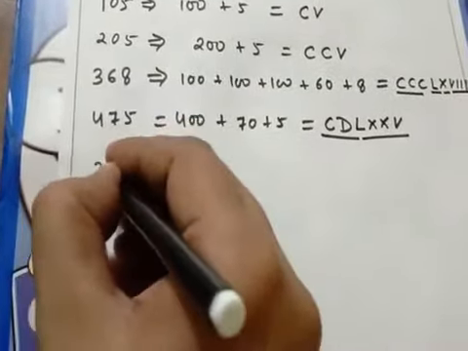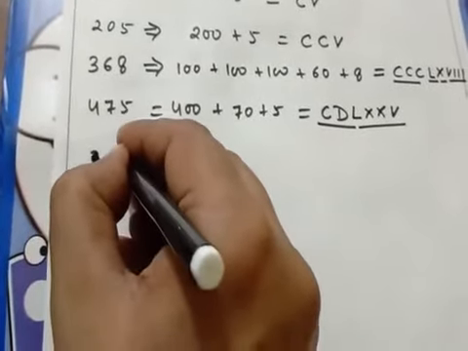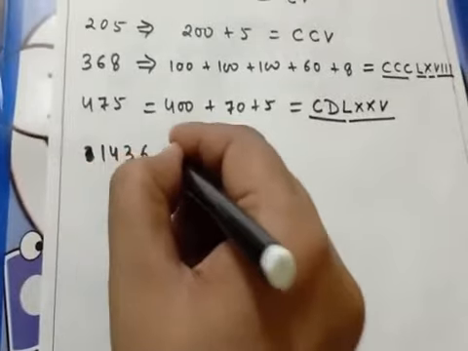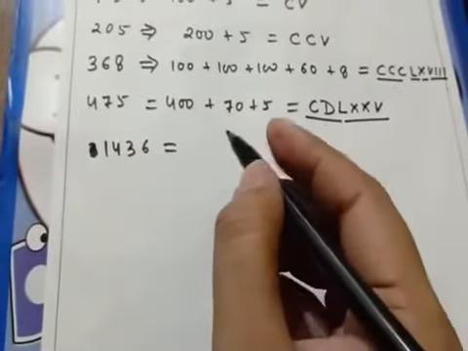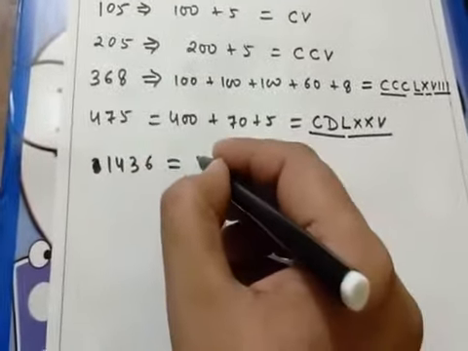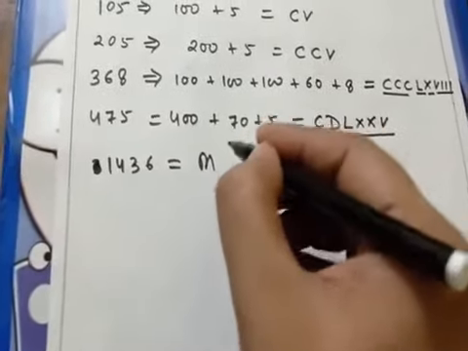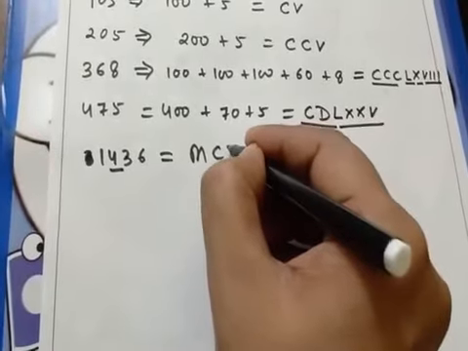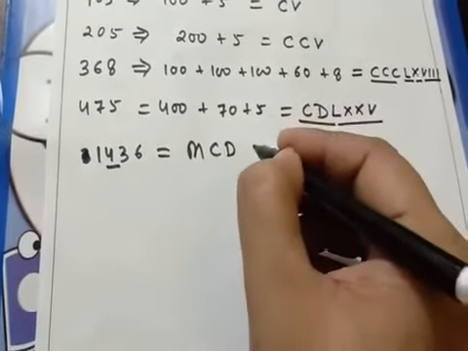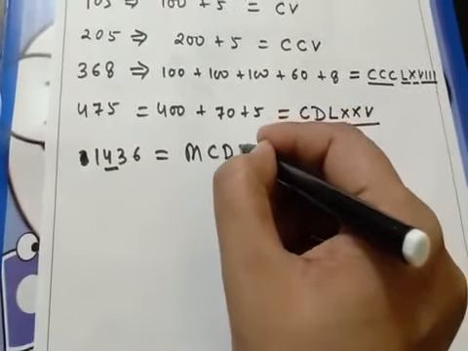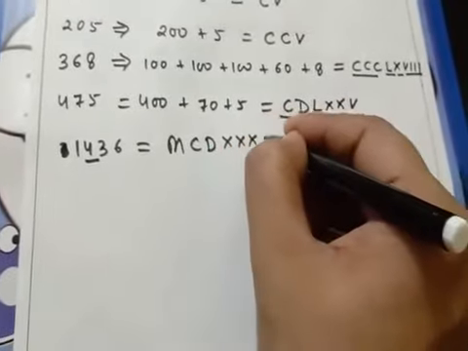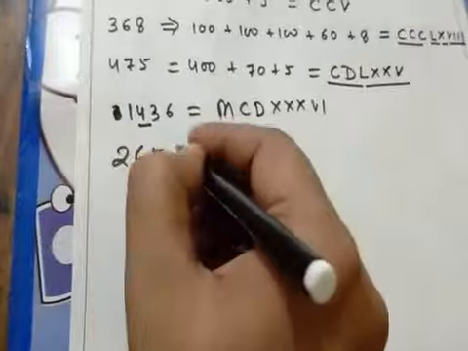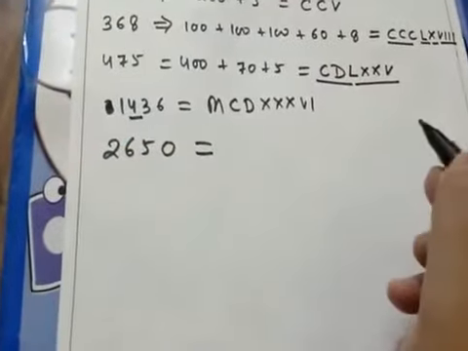Now taking some more numbers like this way. 1436. For 1000 we can write M, as you know. For 400, then 36, like this way. 2650.